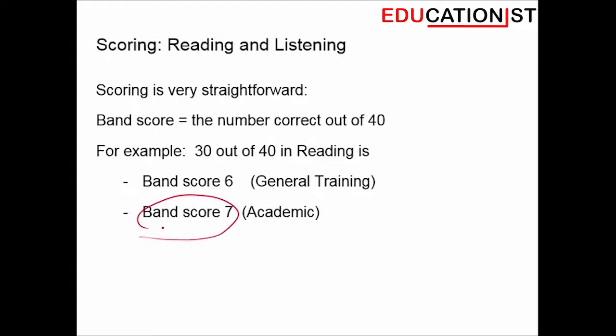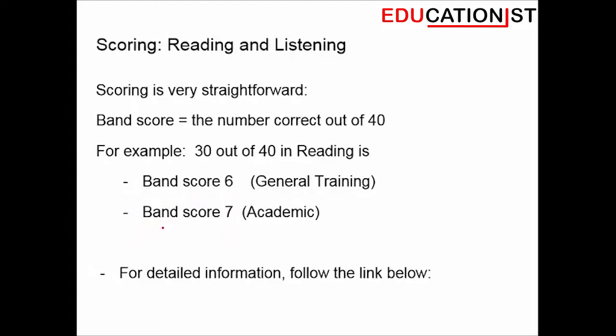Okay, they're different exams and they each have their own grading criteria. Okay, but just know that it is just a table they follow, and the number of correct you get out of 40 will be your band score for that section. All right, you can see the tables for academic and general training reading scores and listening scores if you follow the links below.